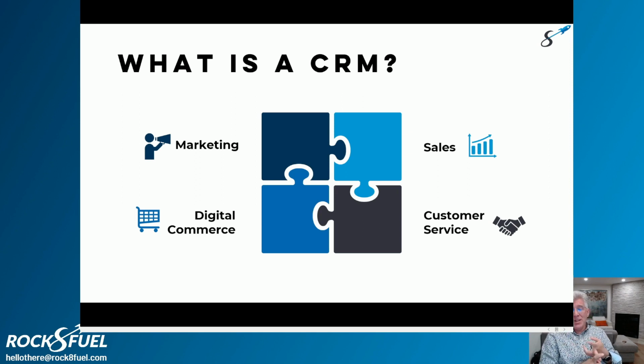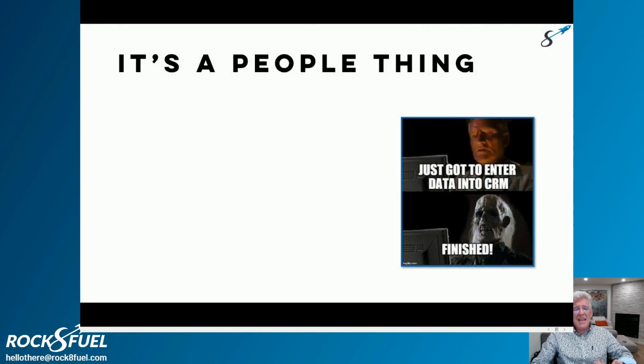You want to automate your sales stuff and manage your pipelines and close deals. You want to fulfill your deals and pass that through operations. You want to do some customer service, and you want to also tie this up to your e-commerce platform because they all talk to the same customers, inventory. You see where I'm getting at. So it's the glue that will keep that relationship going with your customer base. So it's a people thing.